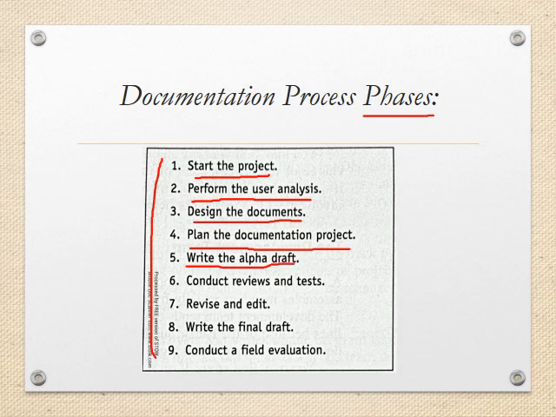Conduct reviews and tests, and there are different types we can conduct, either lab tests or field tests, and we have user reviews, manager reviews, client reviews. Also revise and edit. Any comments we get from the reviews and the tests, we integrate in our document and edit the document.